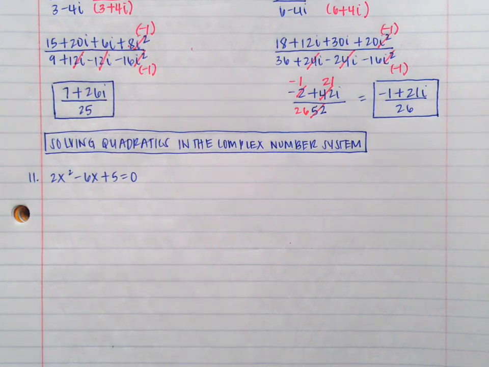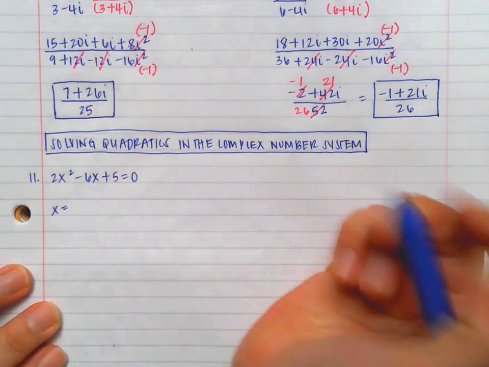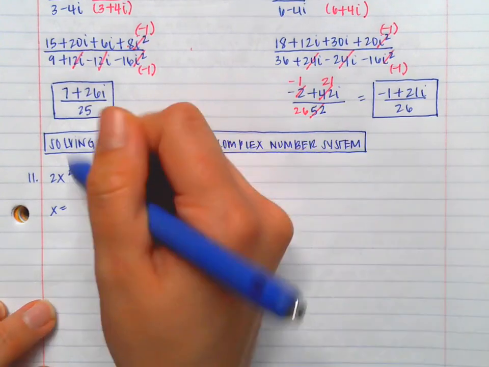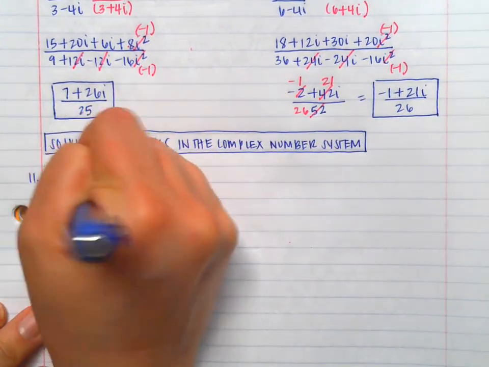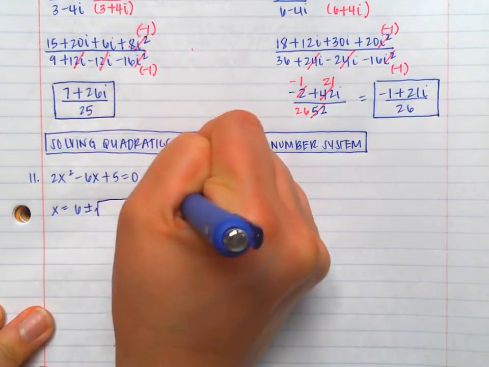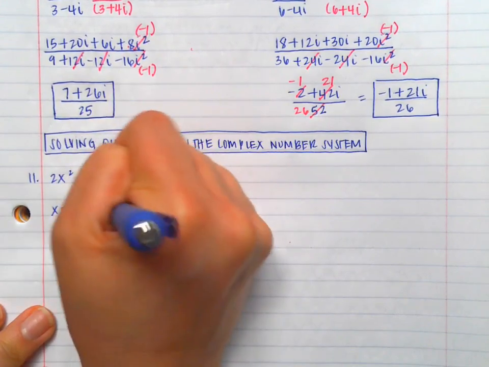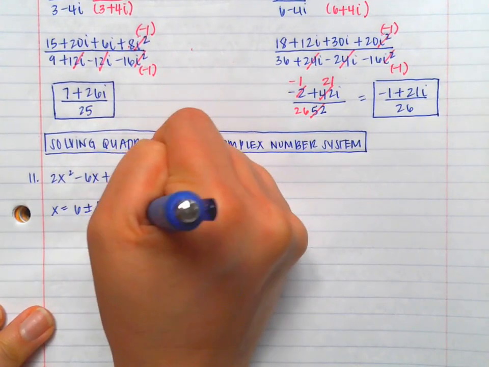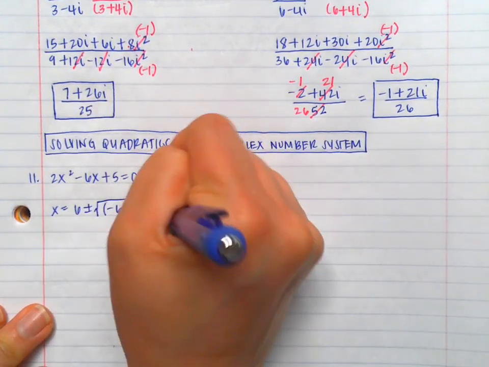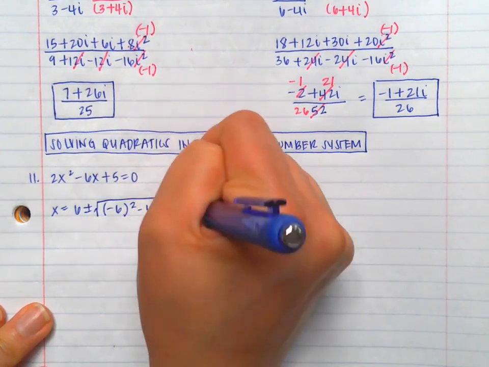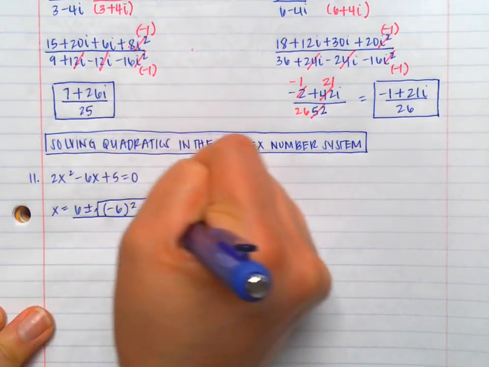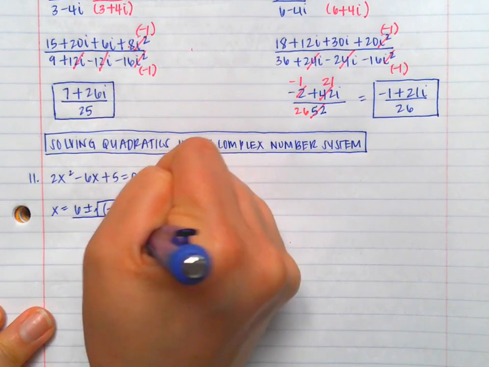So from there, I would just go straight to the quadratic formula. So x equals the opposite of b. So opposite of negative 6 is positive 6, plus or minus the square root of b squared, so negative 6 squared, minus 4 times a, which is 2, times c, which is 5, divided by 2a.